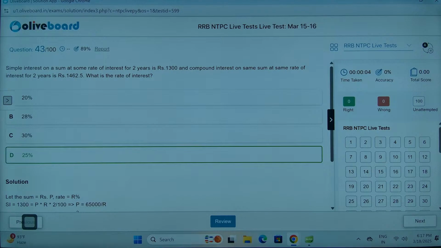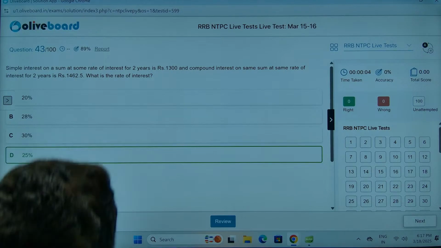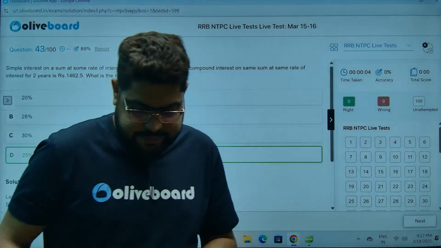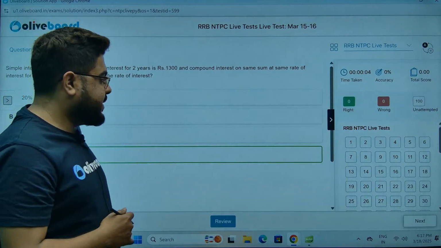Now, this should be a little clear. Now it should be a little clearer. Right, sir? Chalo.